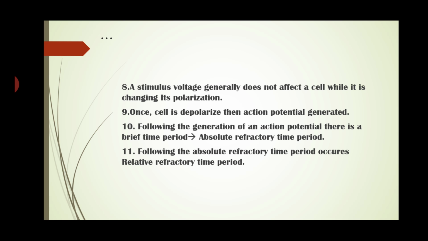During this period, if you apply a stronger stimulation to the cell, then the cell again goes into the action state. That time period is called the relative refractory period.